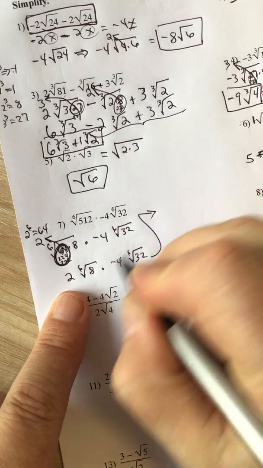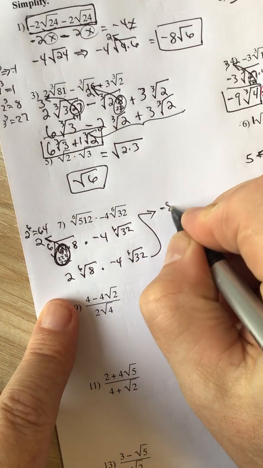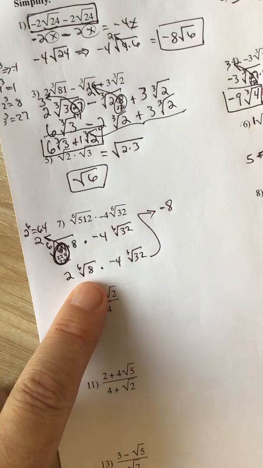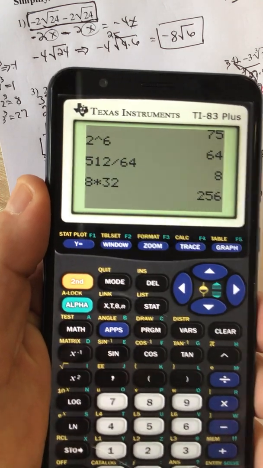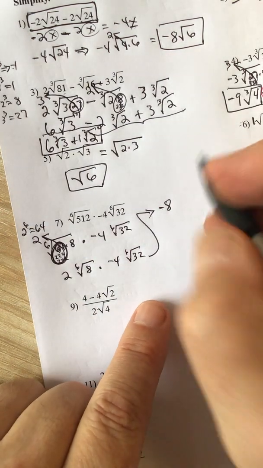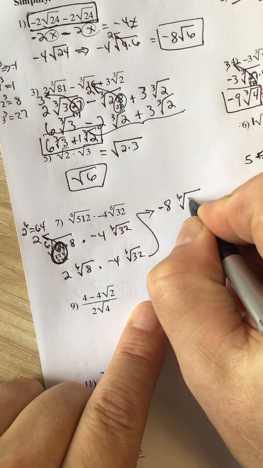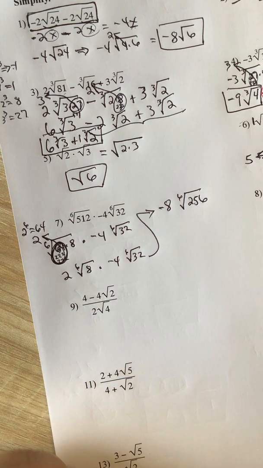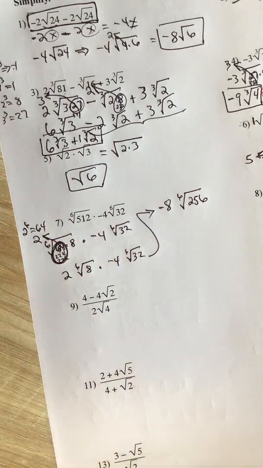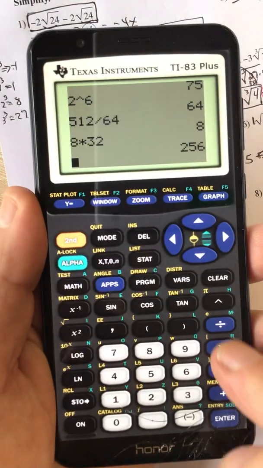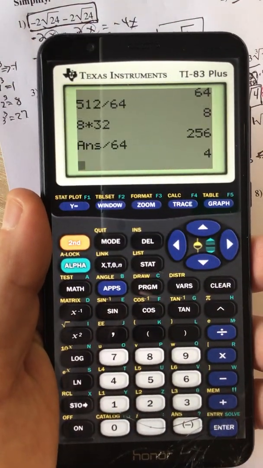Okay, well 2 times -4 is -8, so that's what's on the outside, and then 8 times 32, the inside is 256. Now that worries me a little bit because I think that might have a 64 in it. 256, sure enough, does have that.